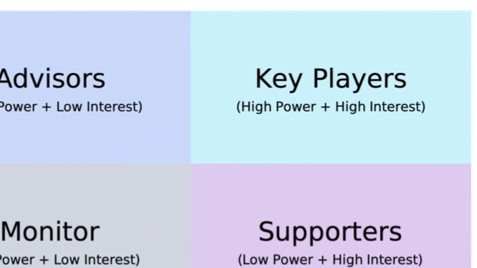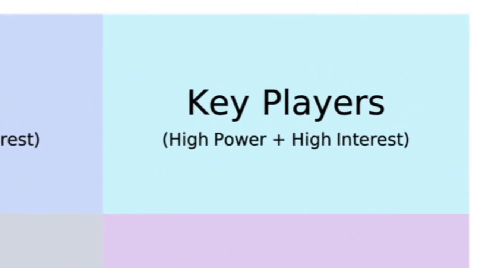The first group I'll talk about are those who have high power and high interest. This is the group we usually call key players. Key players are the sorts of stakeholders that you want to spend most of your time and resources in keeping happy. This might look like figuring out ways to engage them in ways that will push their interests in positive ways.